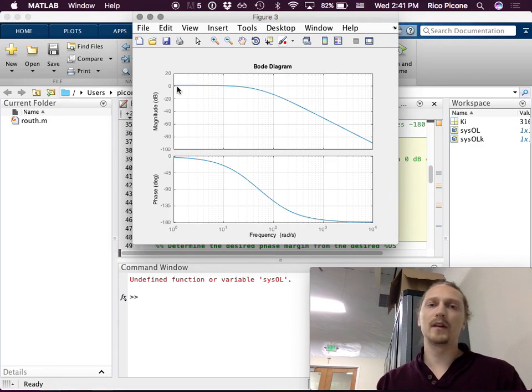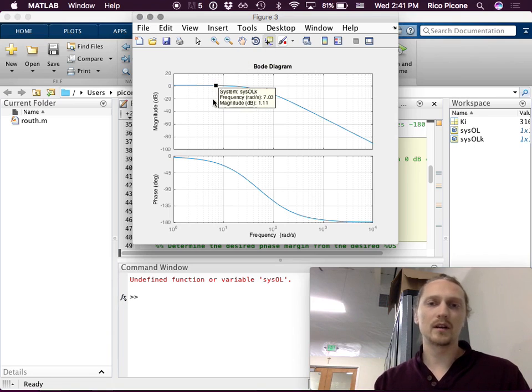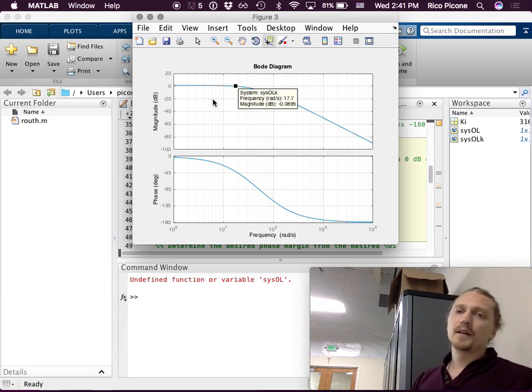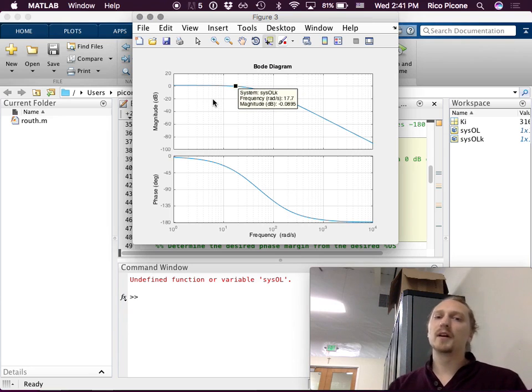So now it starts above 0 slightly, and then it falls below 0 at some point. So if we take a cursor and we go along, dB of 1, and then cross 0 right about there. So now we have a phase margin. The phase margin is going to be what?